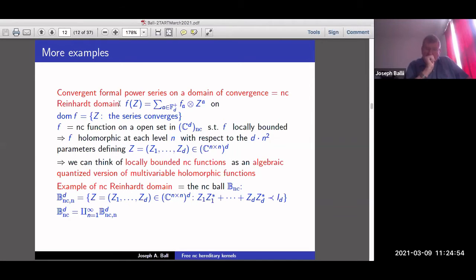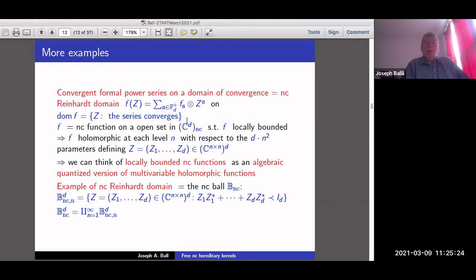Now, if you take a more general domain, it's not clear how you write such things down. It's hard enough in commuting variables where you have to use Taylor functional calculus or something. I believe there's no non-commutative version of Taylor functional calculus, but people are working on it. Then this turns out to have strong holomorphicity properties.